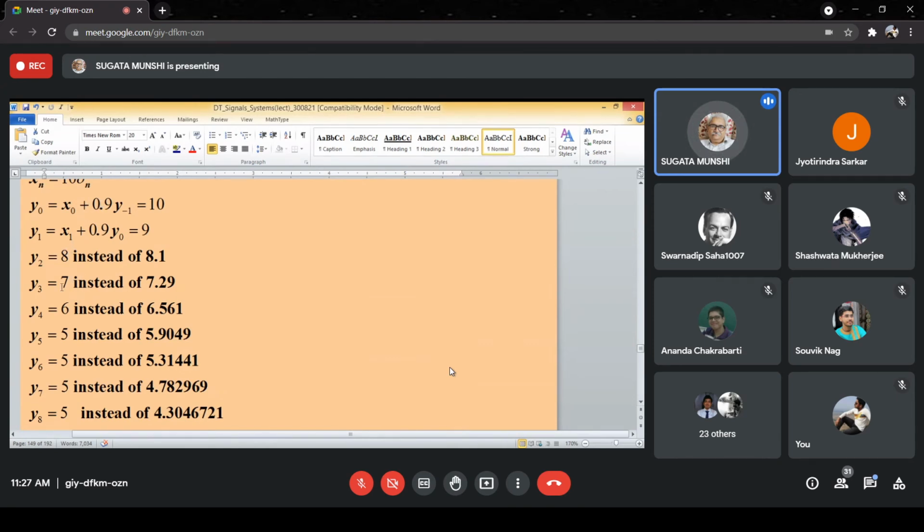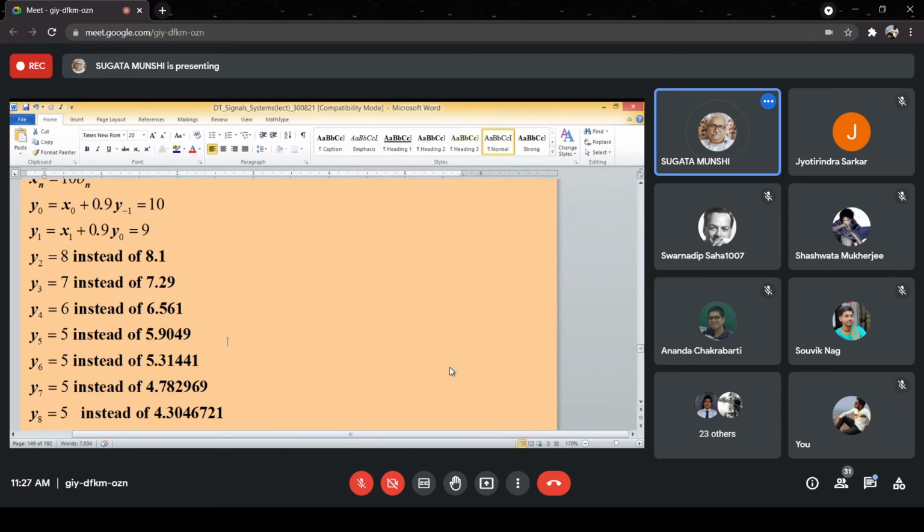Proceeding in a similar manner, y3 is 7, y4 is 6, y5 is 5, then it has got locked at 5. Although if this rounding off constraint was not there, then the output would have progressively decreased and tended to 0 as n tends to infinity.